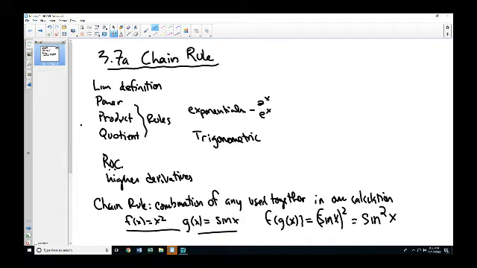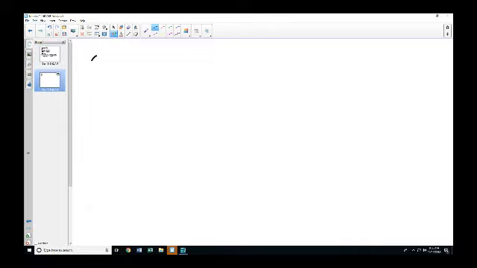Okay. All right. Good so far? Okay, so the chain rule. Let's do that one right there. We'll start with an example, then we'll kind of give you the formal definition. There's a certain order. It's just kind of an algorithm, kind of like the product rule and the quotient rule.